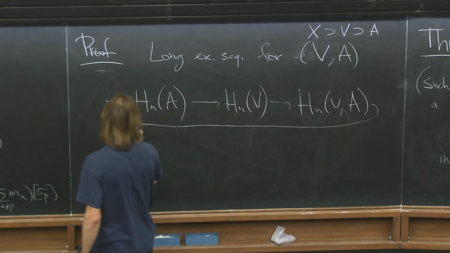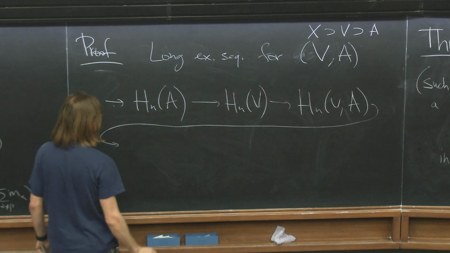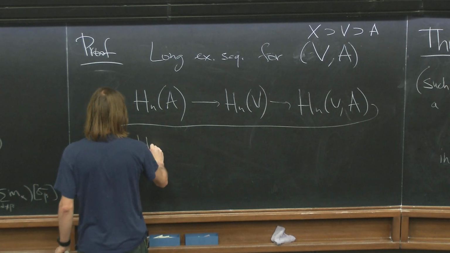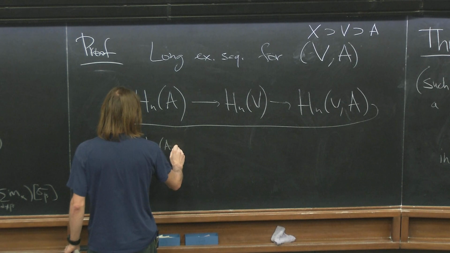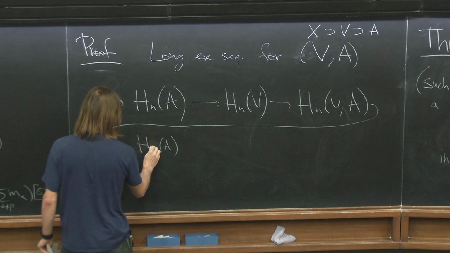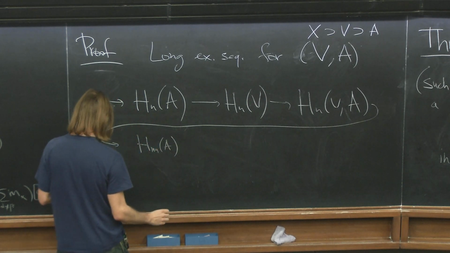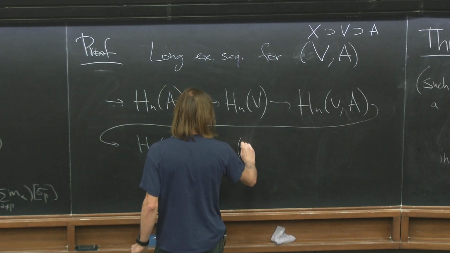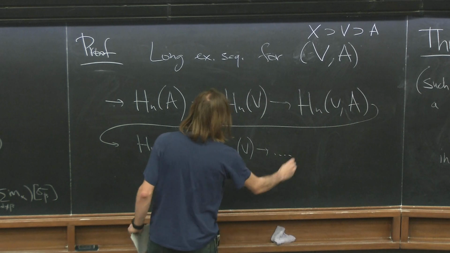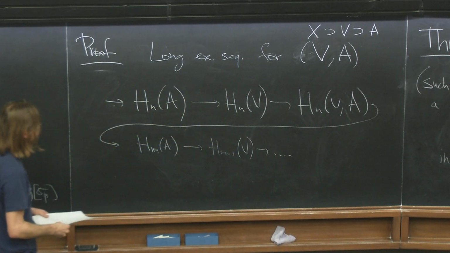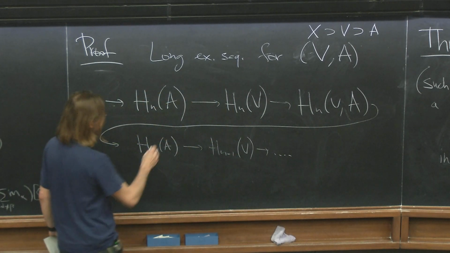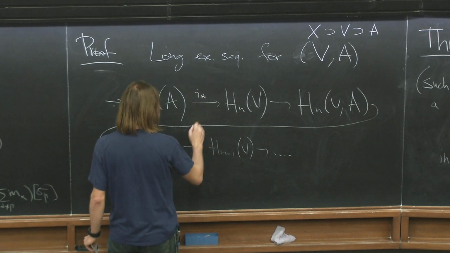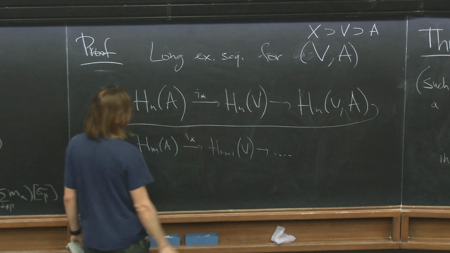Okay, you have this for V, and then you go to the index changed by minus 1 and minus 1. Then you continue. So these two maps are just induced by inclusion, i star.